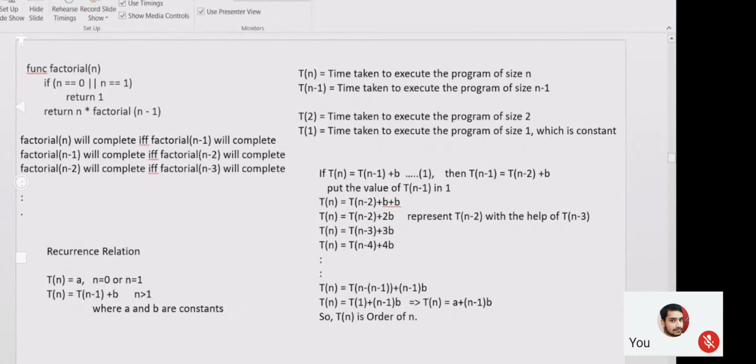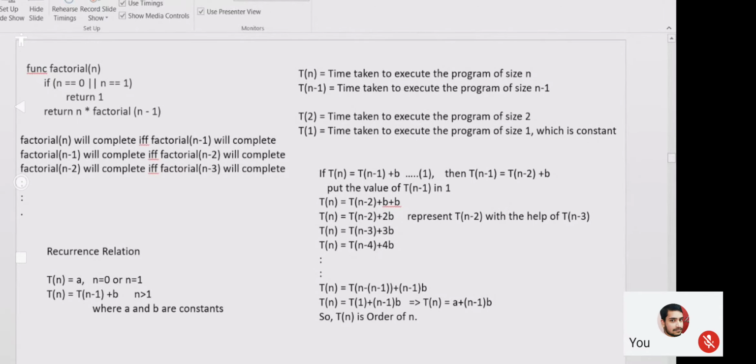Similarly, T of n is equal to T of n minus 4 plus 4b. In this way, at last you will get T of n is equal to T of n minus 1 plus n minus 1 b.